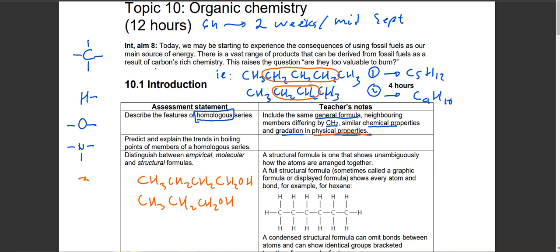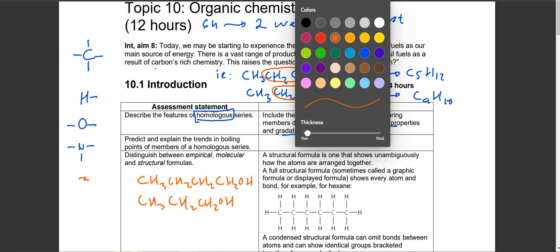So clearly you can see that these two are similar, but they're actually different, but there are similarities between these two, right?